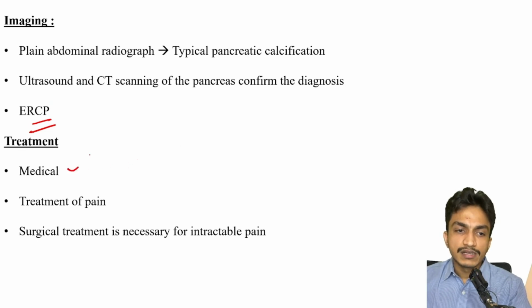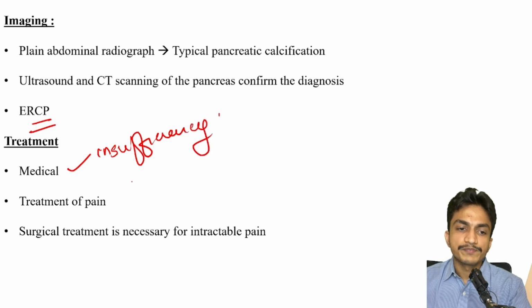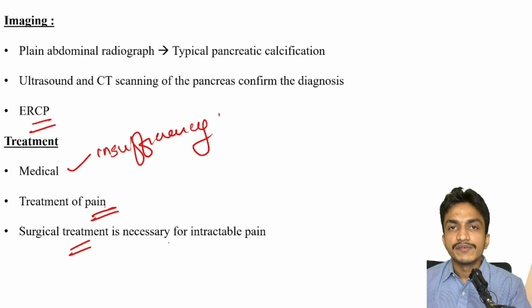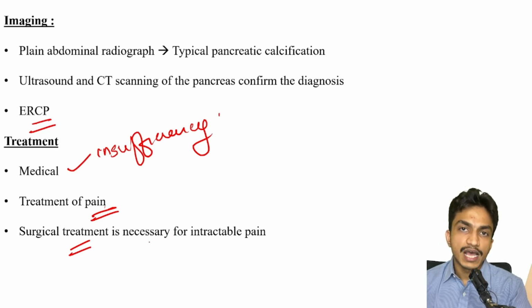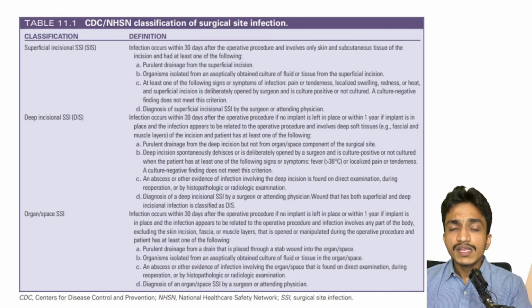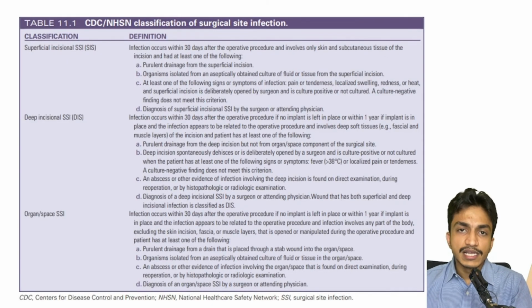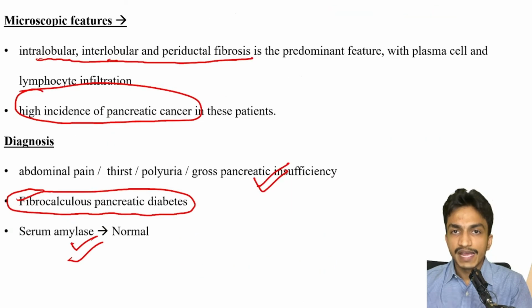Treatment is usually medical for the pancreatic insufficiency, be it endocrine or exocrine. For pain we give painkillers, and surgical treatment if there is intraductal hypertension, with chronic pain and chronic insufficiency. For the pain, we usually do surgical decompression of the pancreas. So that is about the treatment of tropical chronic pancreatitis.